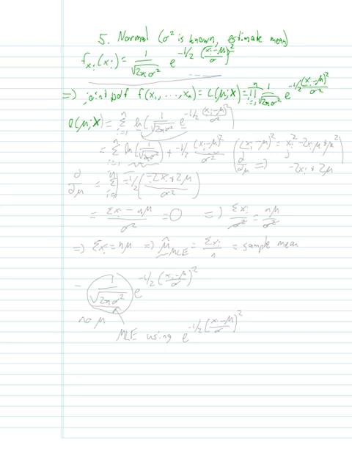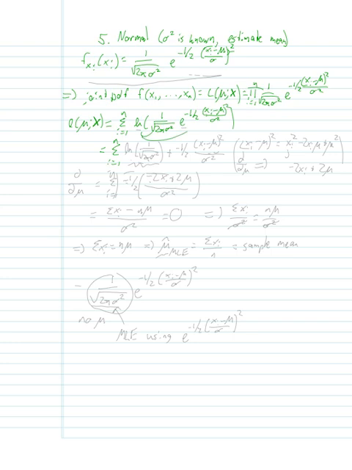Right, so now we take the log likelihood function. This is going to be equal to the sum from i equals 1 to n of ln of 1 over square root 2 pi sigma squared e to negative 1/2 xi minus mu squared over sigma squared.